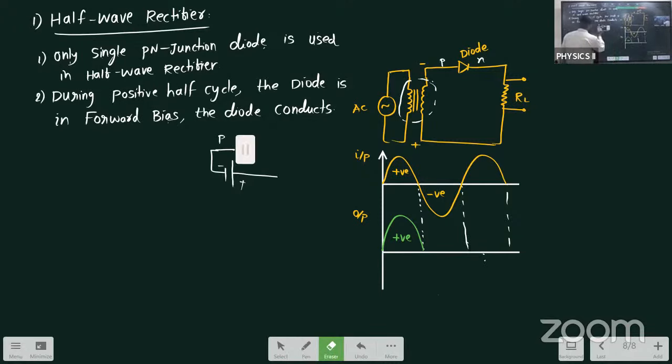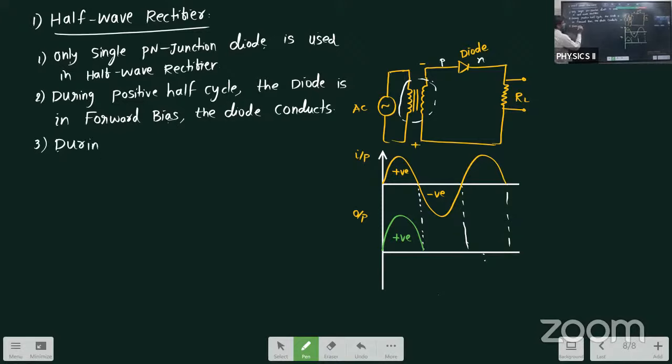So what is the next point you are going to write? The next point which you are going to write is the third one. During negative half cycle, the diode is in reverse bias.